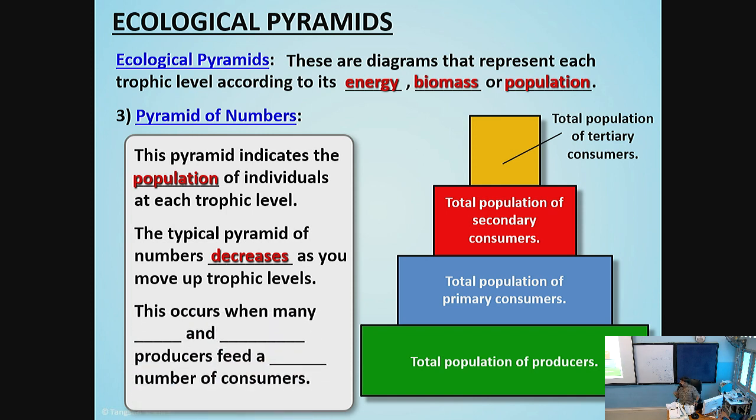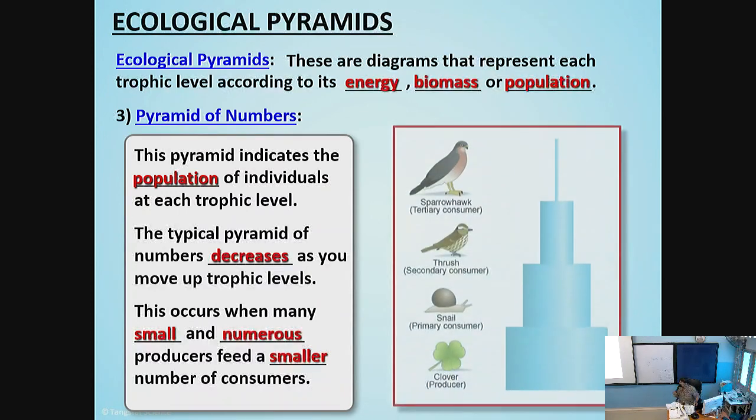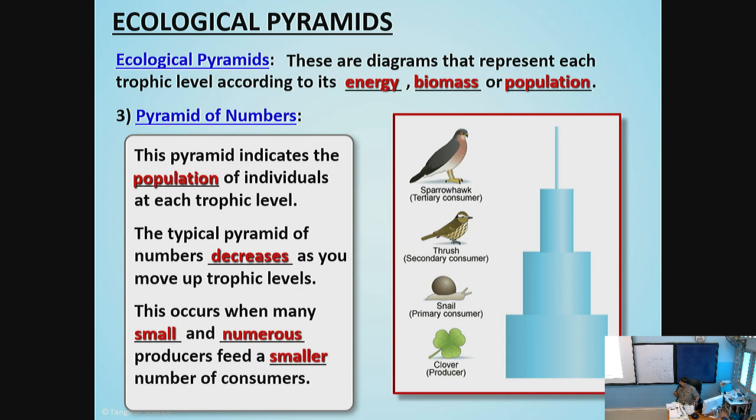These occur when many small and numerous producers feed a smaller number of consumers. That is pyramid of numbers.